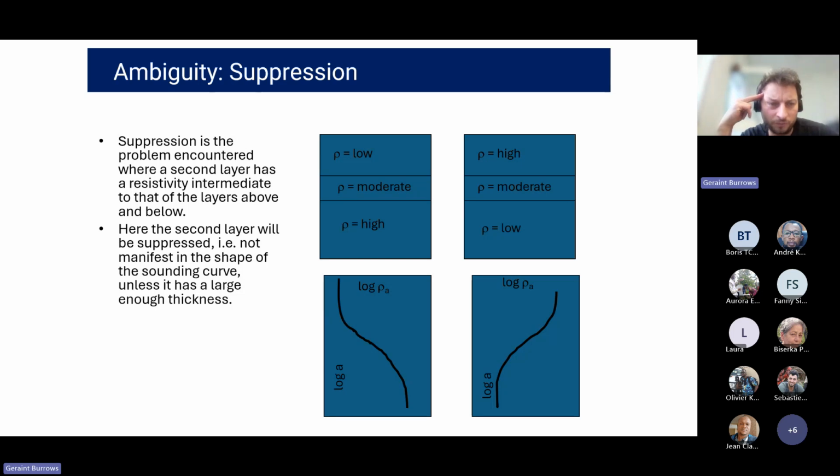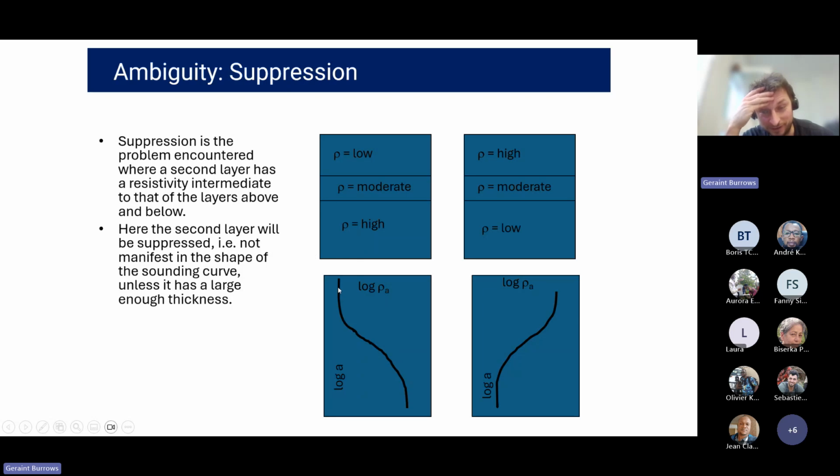And then the final issue to consider is that of suppression. Suppression is a problem encountered where a second layer has a resistivity that's halfway between the top layer and the bottom layer, so it kind of just disappears in your curve, or is suppressed.